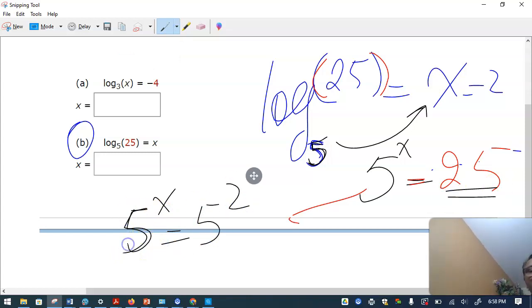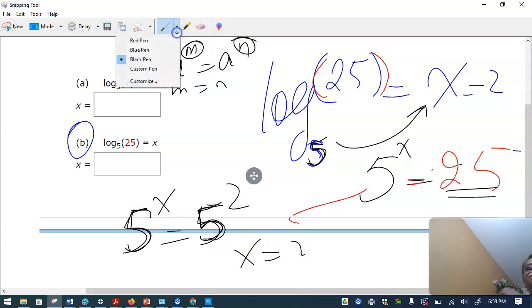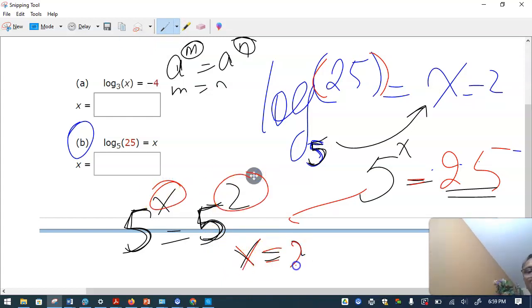Now the bases are the same. If a raised to m equals a raised to n, all this means is that m has to be equal to n. So you have the same bases, so your x has to be 2.